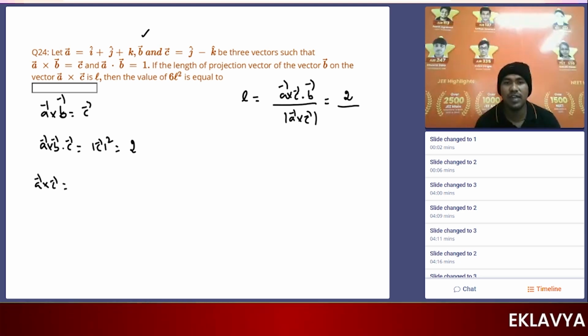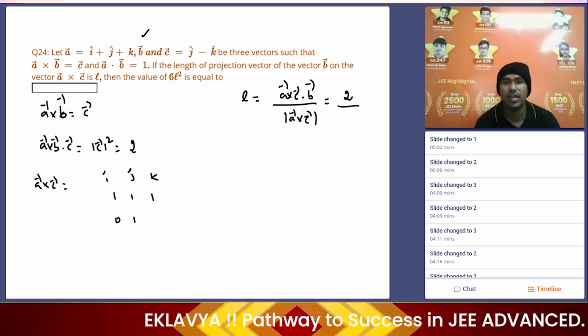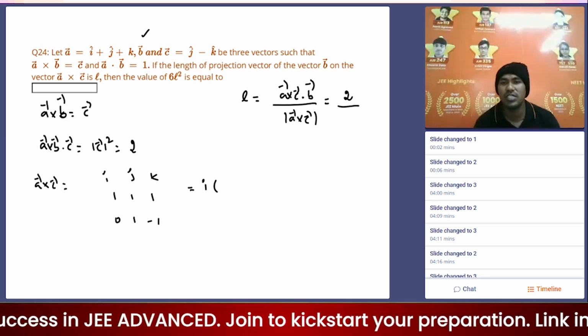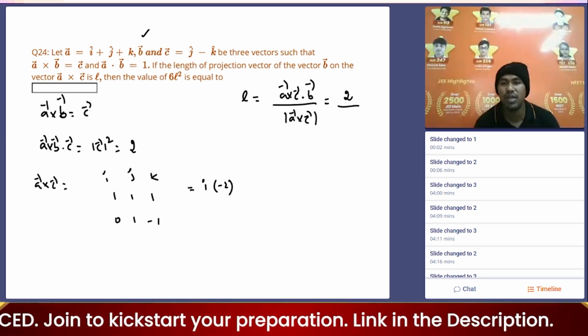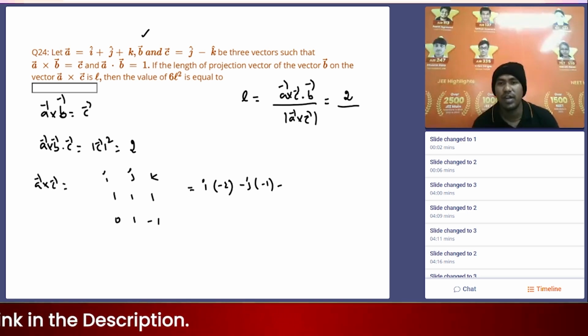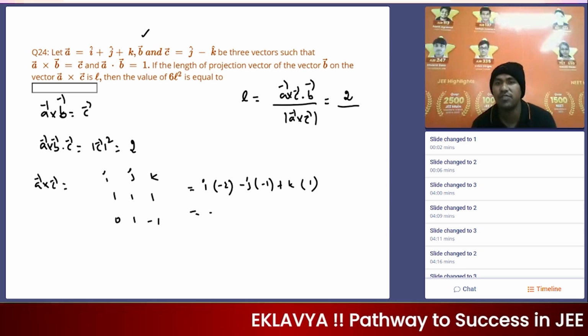First, if you find the vector A cross C, then i, j, k, A is equal to 1, 1, 1, C is equal to 0, 1, minus 1. Then A cross C will be i times of minus 1 minus 2, minus 2. And minus j times of 1 into minus 1, and plus k times of 1 into 1, 1 only.